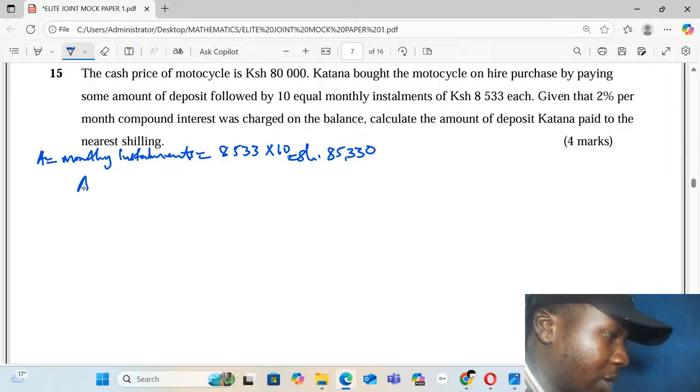And we know the formula: amount is equal to principal into (1 plus r over 100) raised to n.